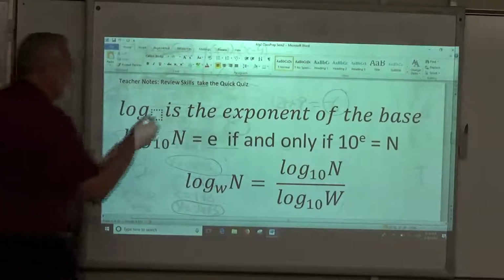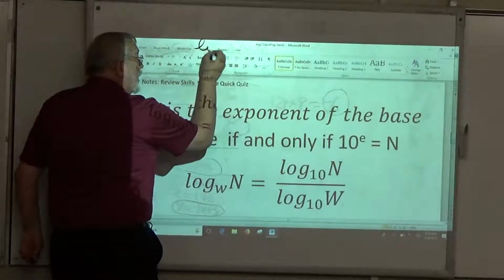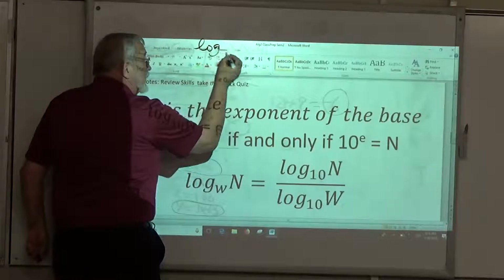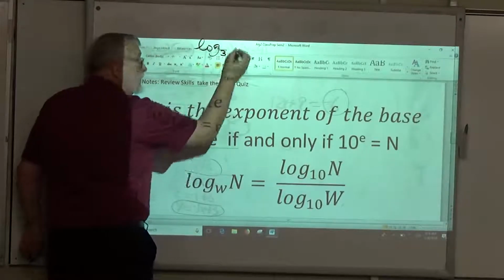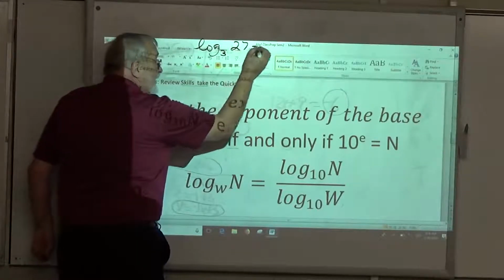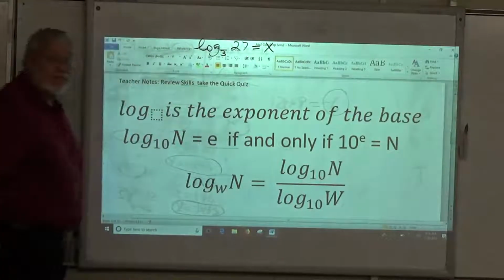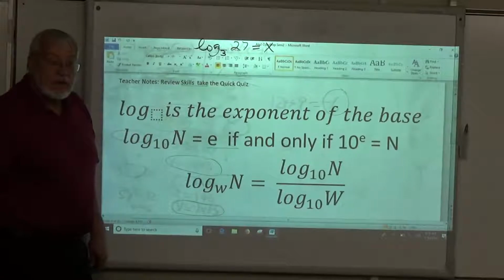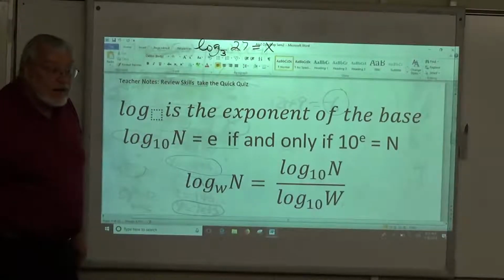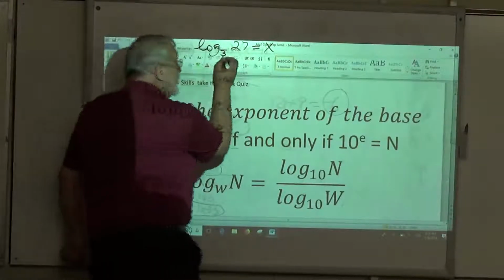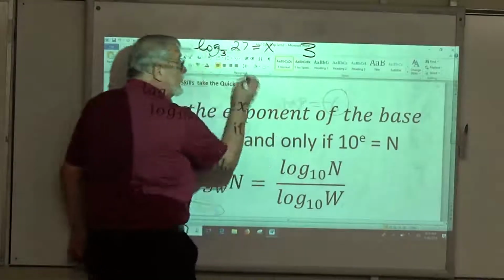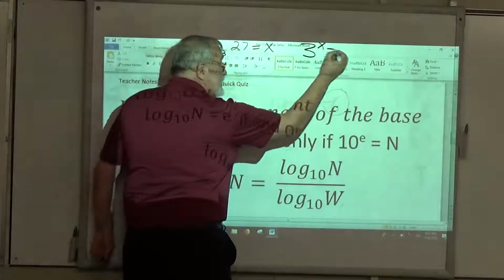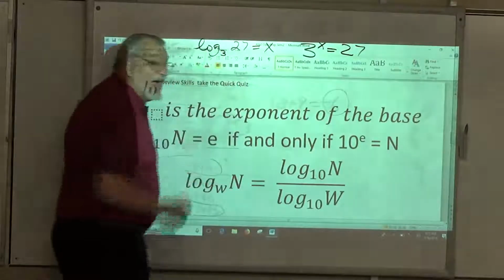So if I gave you the log base 3 of 27 equals x, how do you change that into exponent form? 3 to the x power equals 27. Very good. The base is 3, so that becomes the big number. The exponent is x, and that equals 27.